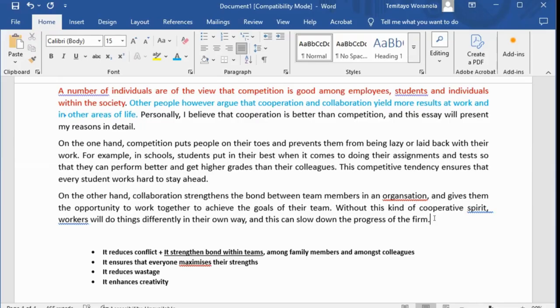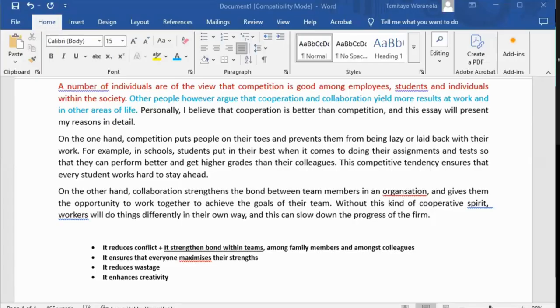I must write something that shows the reader what my position is, why I support position 2.